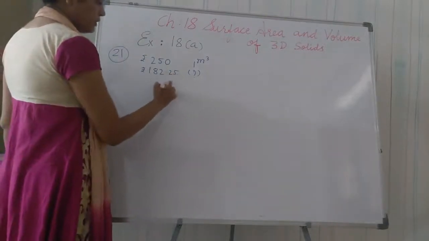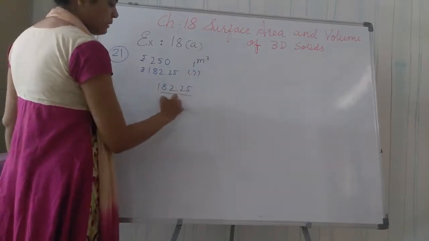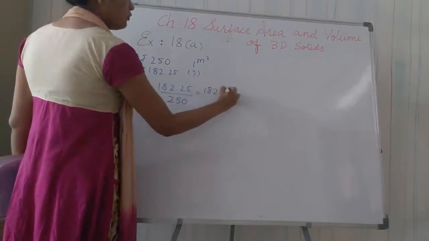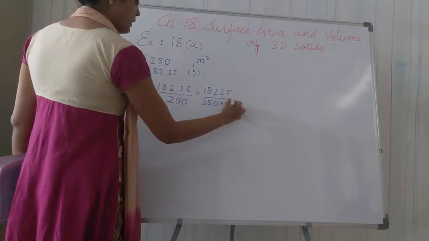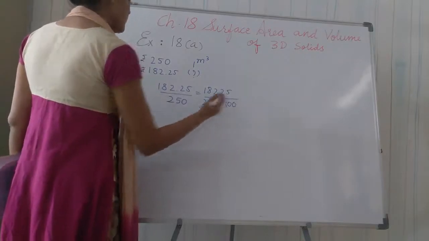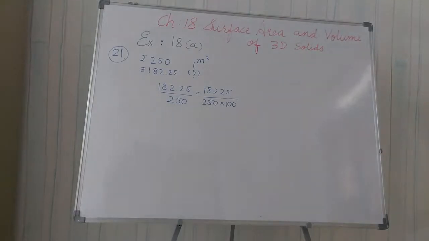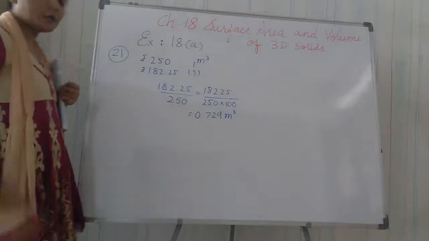For that, 182.25 multiplying 1 and dividing by 250. For that, 18225 upon 250 multiplying 100, right? Like this we have to calculate. So let us calculate first this answer. So by calculating I get 0.729 meter cube.